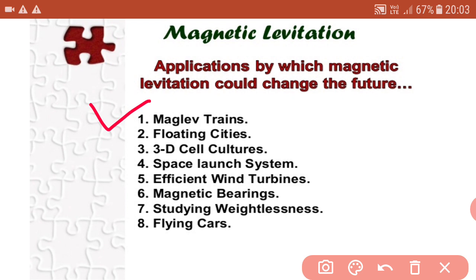This is known as float. They do not have any wheels and do not require the traditional steel rail. Its rail is different. So this is a very important application, and this is known as the maglev train.